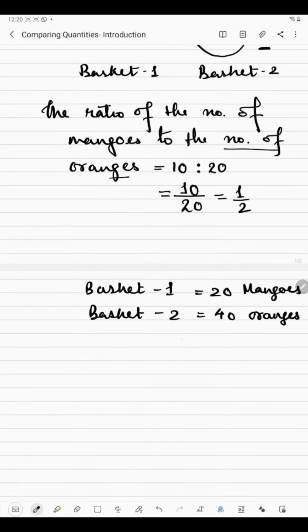It will be 20 colon 40, the colon meaning ratio, which is 20 is to 40, and can be written as 20 by 40. Now if you cancel the zeros, it will become 2 by 4. Now 2 ones are 2, 2 twos are 4. So it is 1 by 2.